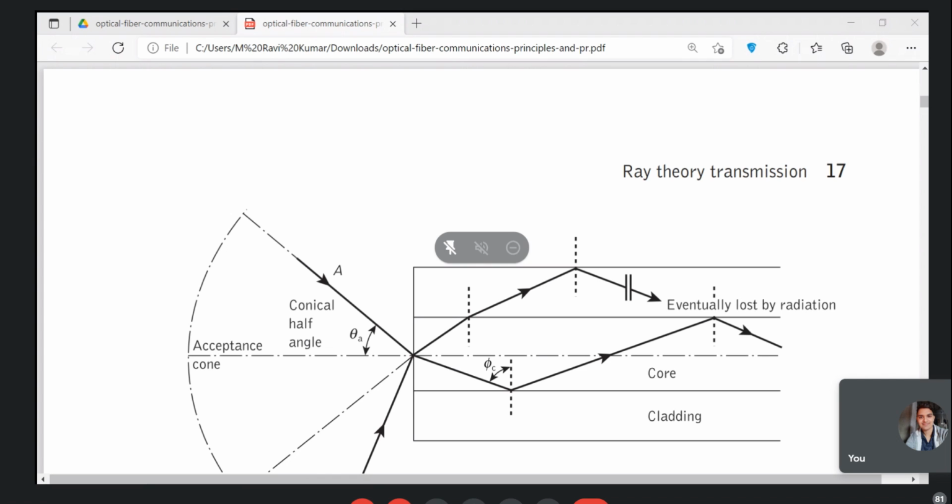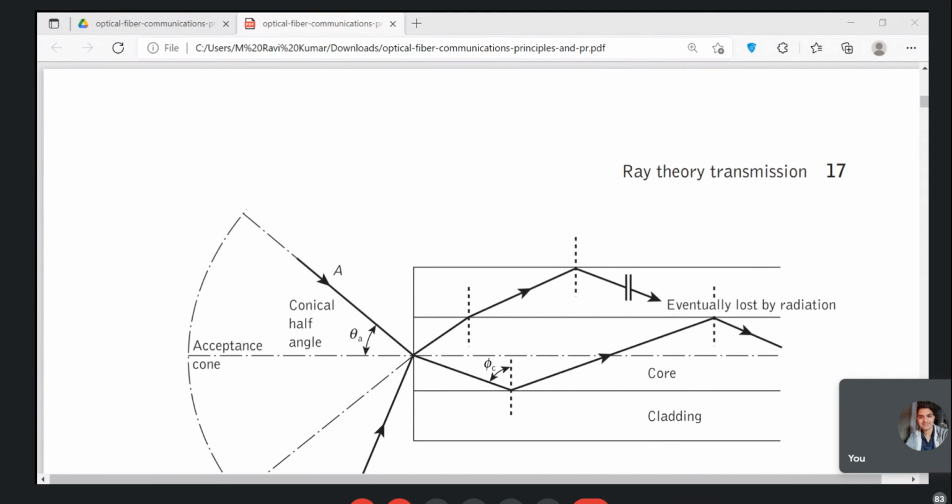Here you can see a side view of an optical fiber, and on the left it mentions an acceptance cone. You can see a conical part with an angle given as theta A, which is the conical half angle.